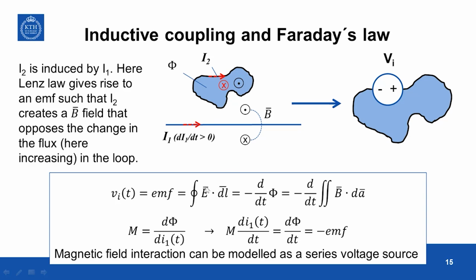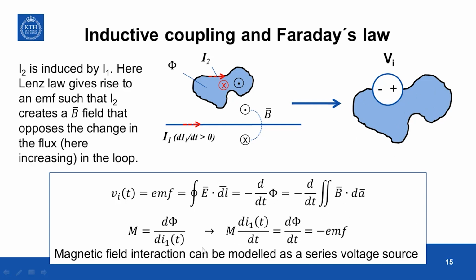The EMF is the closed line integral of E dot dl, which equals minus the rate of change of flux linking with the circuit. The minus sign is there because whatever current it produces will create a magnetic field that opposes the original flux causing this current.